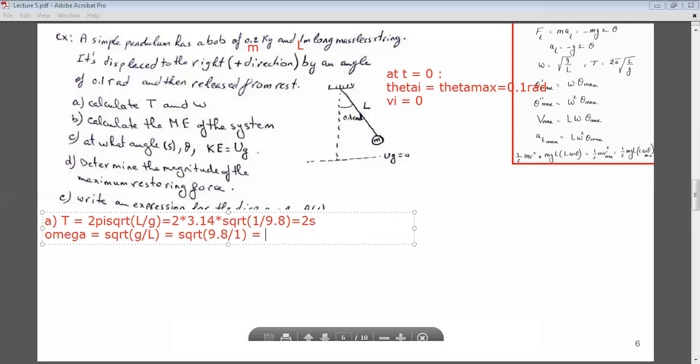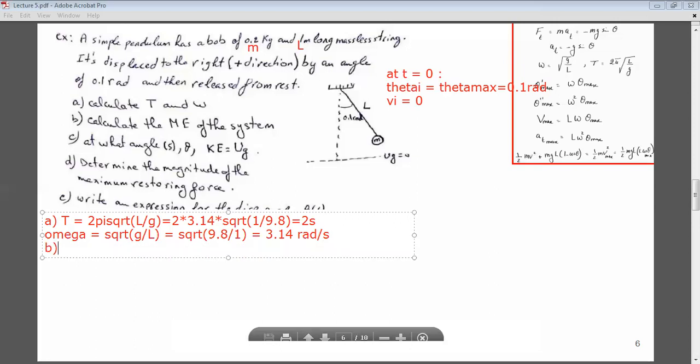This gives me radical 9.8, which is 3.13 radian per second. Okay. Part B.